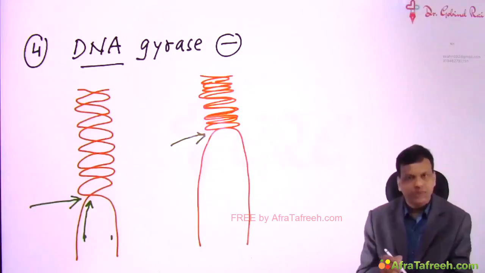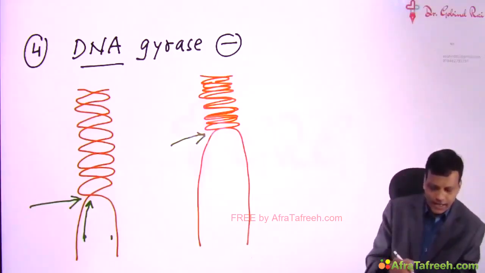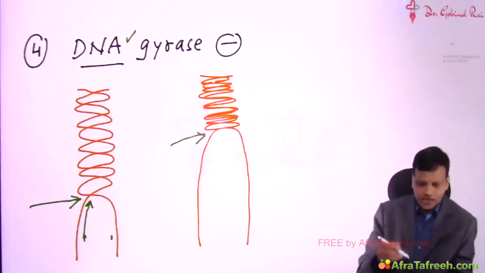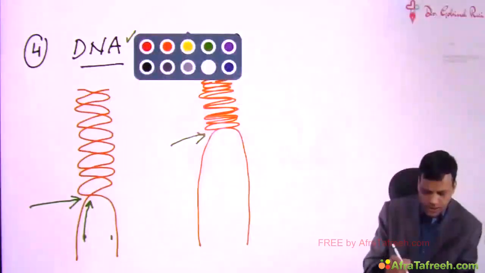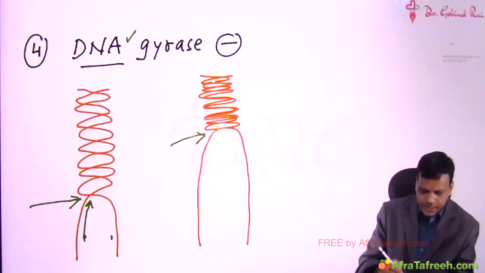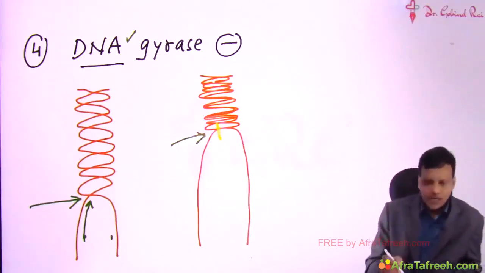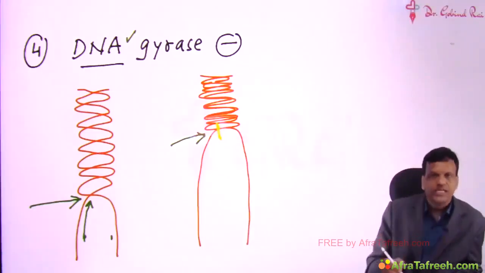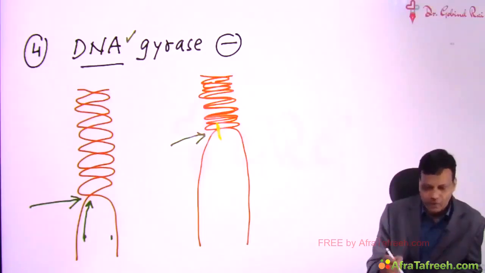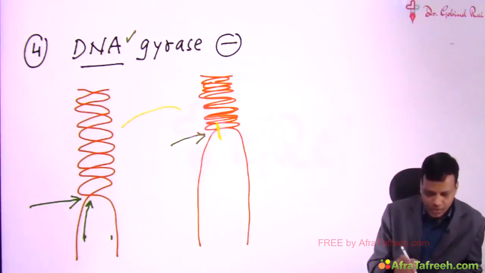So to continue the replication now, the DNA gyrase starts working. DNA gyrase cuts the DNA from this point. When DNA is cut from this point, it will rotate in the opposite direction and it will again join the DNA. Or in simple language, it will convert the highly coiled DNA into less coiled DNA.